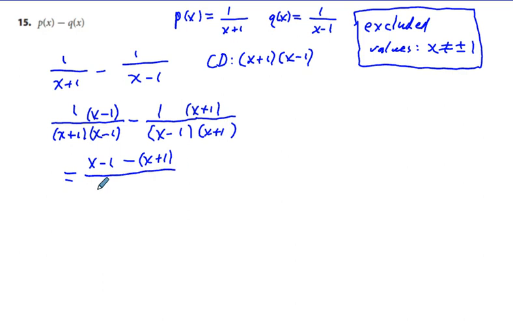And right below here, we have x plus 1, x minus 1. And x minus x will cancel. And then we have negative 1 minus 1. So our answer here is going to be negative 2 over x plus 1, x minus 1.